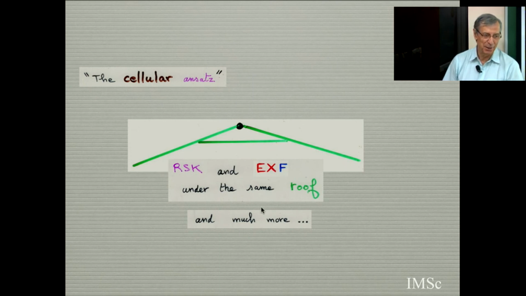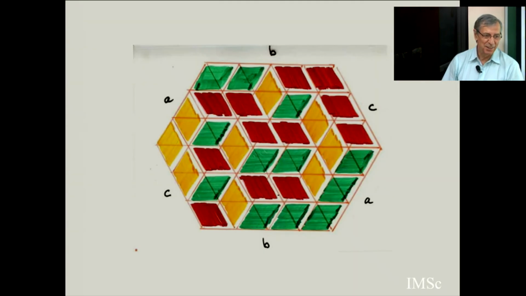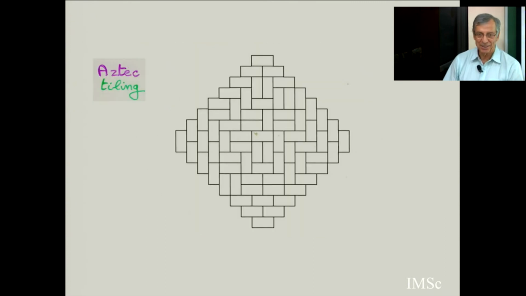In fact, much more can be put under the same roof. Like tilings: we will see tilings of the hexagon. There will be a quadratic algebra which gives you this as a Q-tableau. Aztec tilings, this is very well known. We have seen this, I think, in one of the previous parts of the class, where the number of such tilings is 2 to the power something.